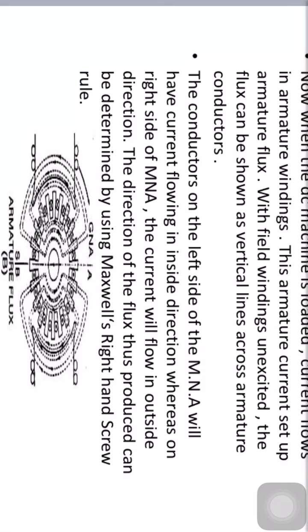Thus, the conductors on both sides of the armature combine their MMFs to send a flux through the armature in the downward direction. The armature flux produced is analogous to that produced in the equivalent iron core solenoid with its axis along the brush axis. Okay.